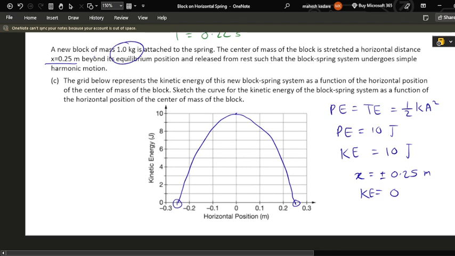It might confuse you that another object of higher mass, 1.0 kg, has been used in the present case, and it might in some way affect the kinetic energy. Kinetic energy is not affected. Kinetic energy depends upon mass. It is half mv squared. Kinetic energy depends upon mass, so it might give you an impression that if the mass is increased, maximum kinetic energy may be higher in the present case also.